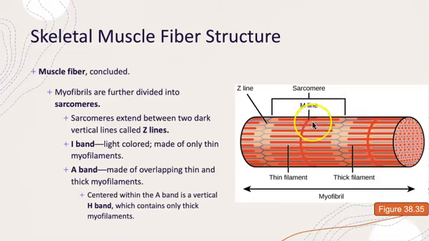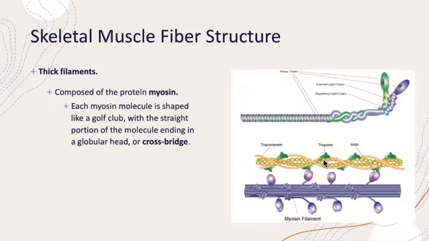So these blue actin molecules would move in toward that M line, which would cause the sarcomere to shorten. Now, let me also just mention that when this globular head of the myosin protein attaches to the actin molecule, this is called a cross bridge.